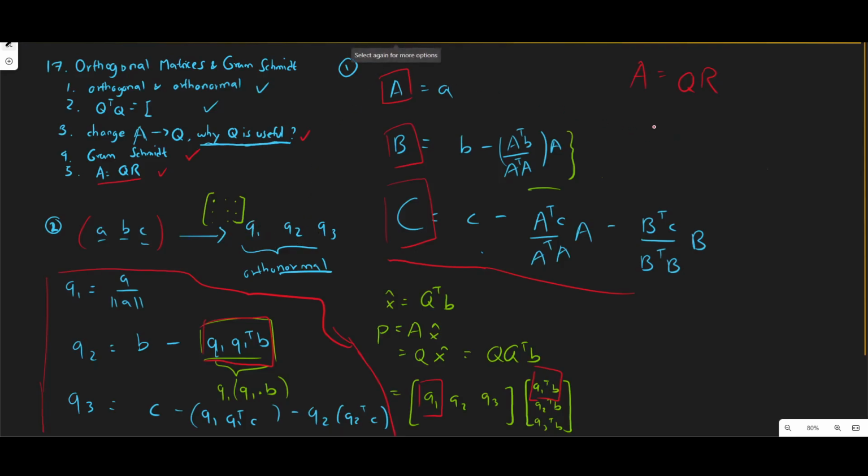We have already seen this in the earlier lecture where we talked about A equals LU, the lower triangular times the upper triangular. In that case, I think we were doing a factorization that brings us from the matrix A into the row reduced echelon form, or something about the elimination.